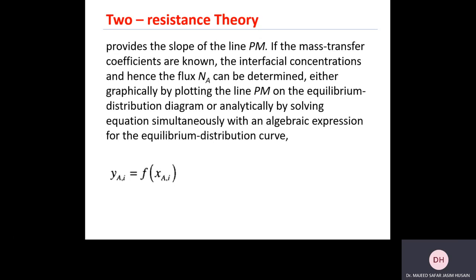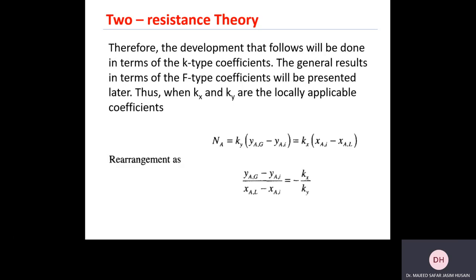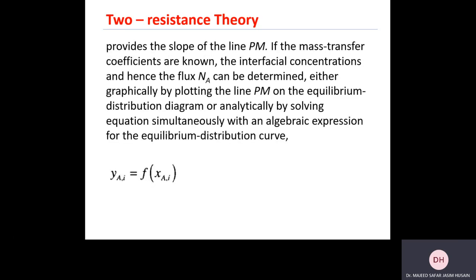So basically what he's telling you is, you have this equation, how do you find the values of xai and yai? You cannot do it except if you know the slope. So you have to solve these two equations, and by solving those two equations, you can find the concentrations at the interface. We will take an example at one stage and apply this kind of equation.